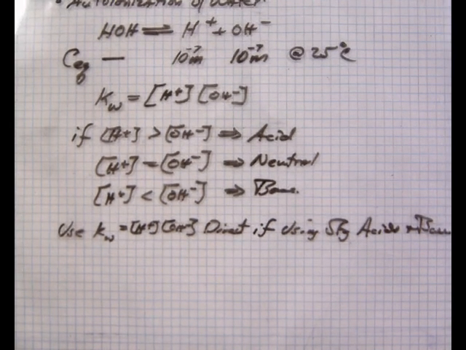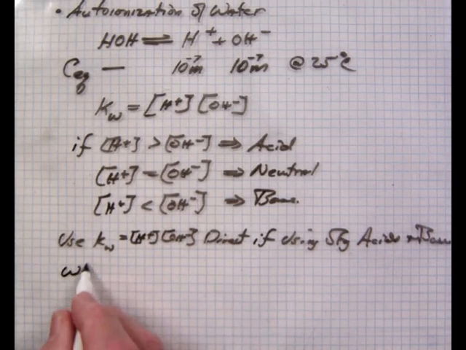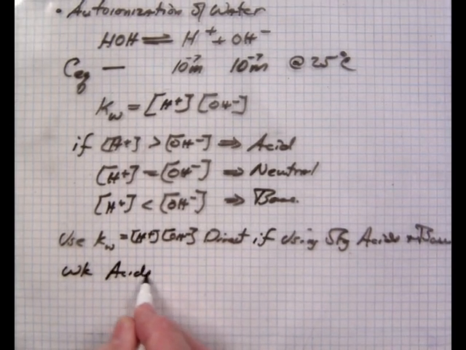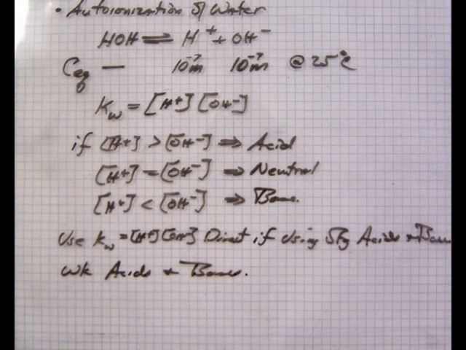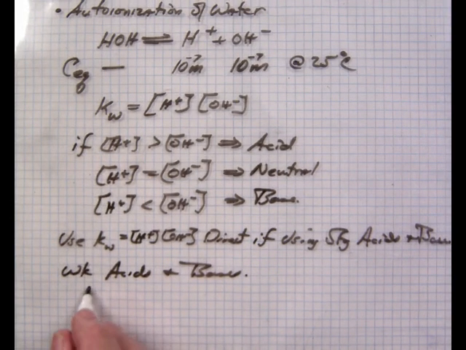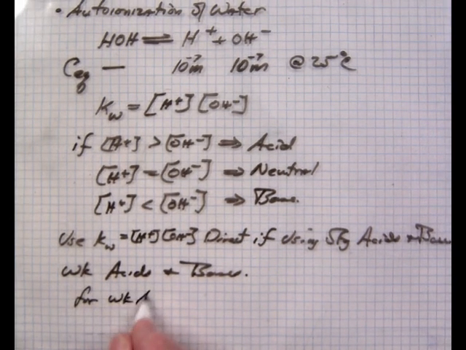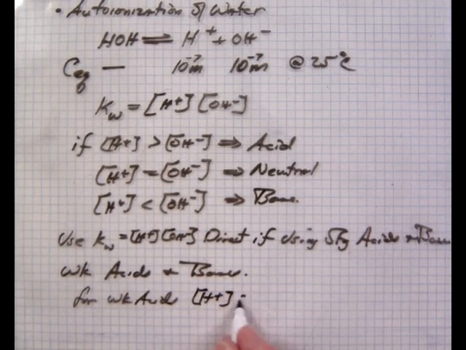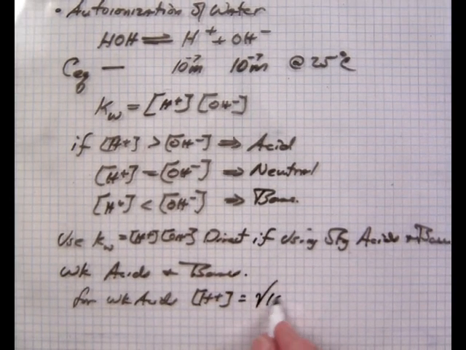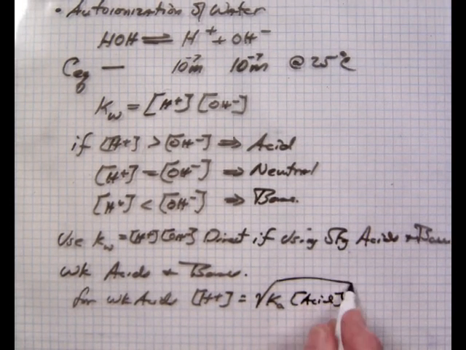In weak acids and bases, okay, you have to apply the square root formula. Now we're talking about a weak acid or weak base only, not the common ion effect. For weak acids, typically your hydronium ion concentration is the square root of the Ka value times the acid concentration.